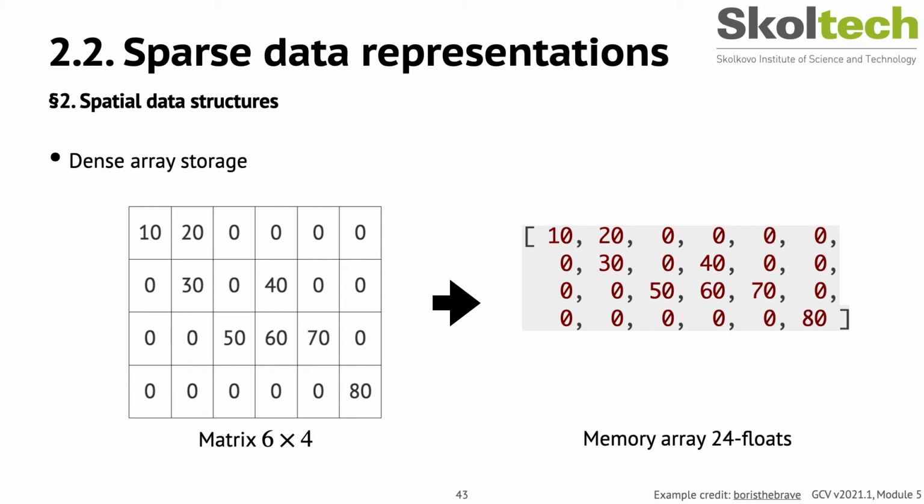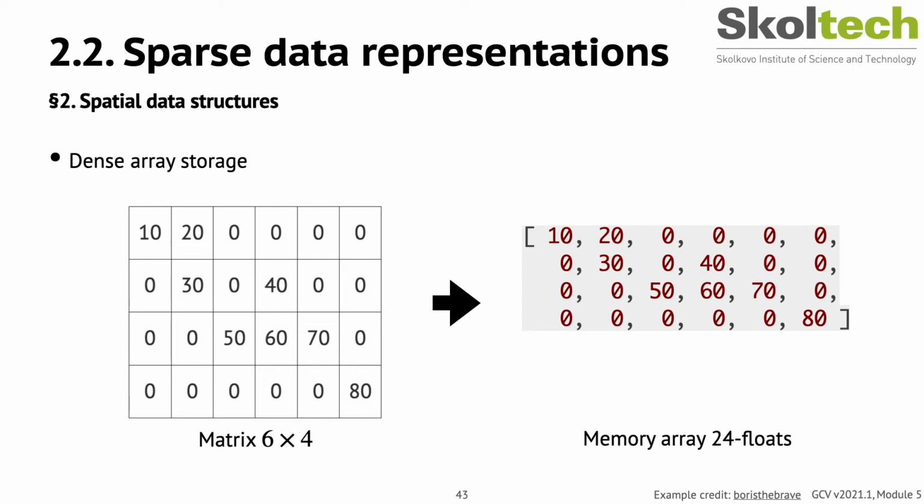Because the matrix is 6x4, it has 24 values. If we take a floating point data type, then we have to store 24 floating point values. These are stored, in this case, in row major order consecutively in memory. This is called a dense array, to disambiguate it from other sparse methods.